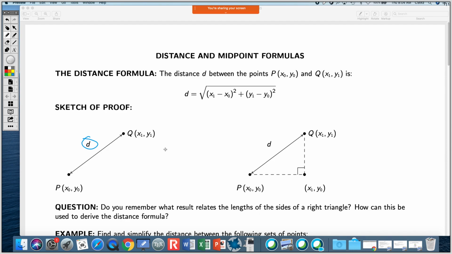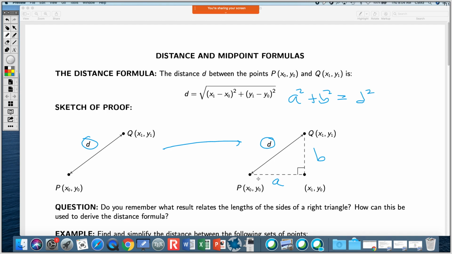So typically we exploit the fact that we have right angle geometry available here, and we can sketch in a little right triangle, and D becomes the hypotenuse of this right triangle. If I label this side A and this side B, then I can use the old Pythagorean theorem: A squared plus B squared is D squared.